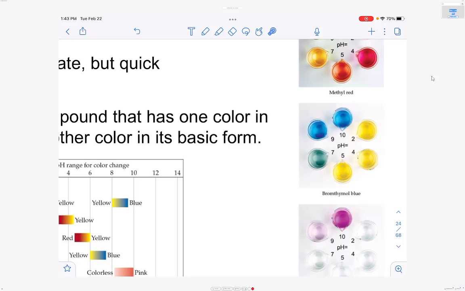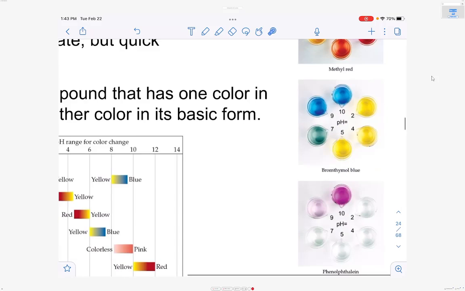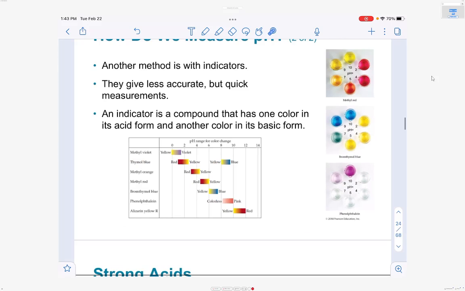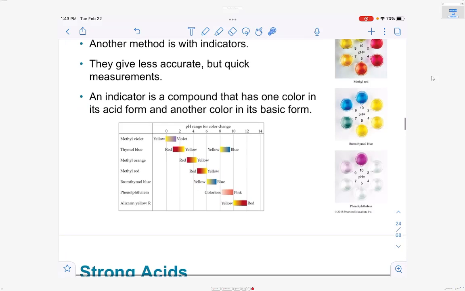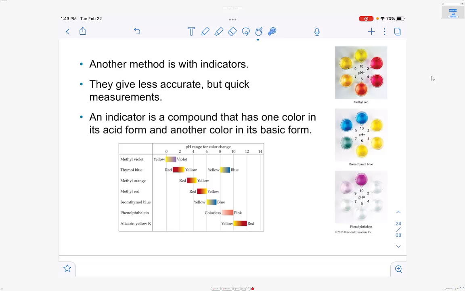When you add this dye to an acidic solution, it will turn yellow. If you add this dye to a basic solution, it will turn blue. Okay, so different dyes will give you different colors for acid and basic environments.